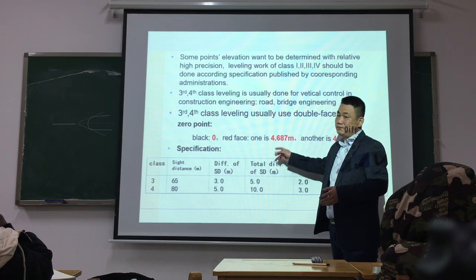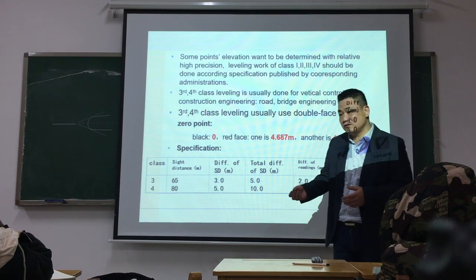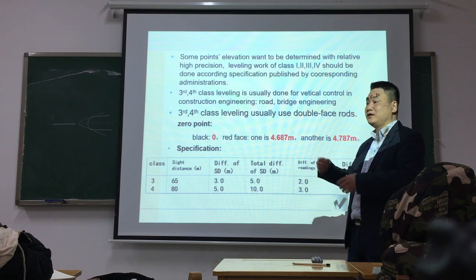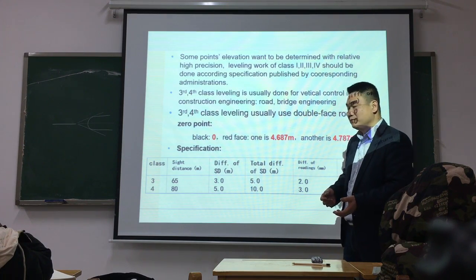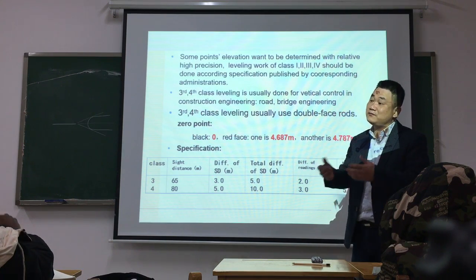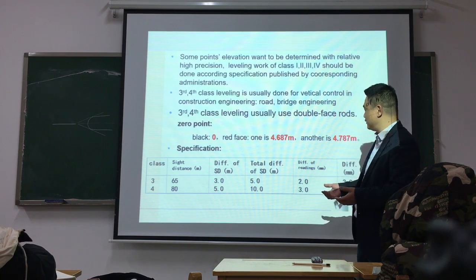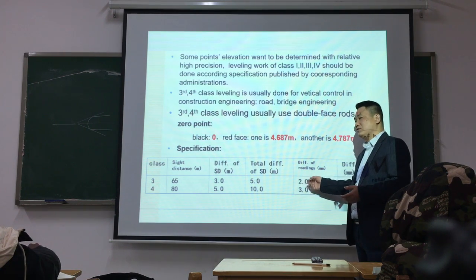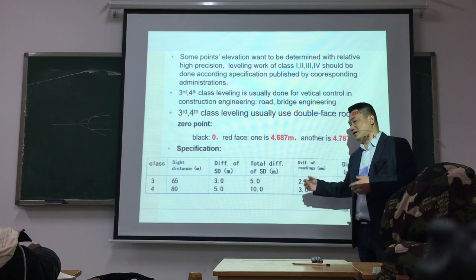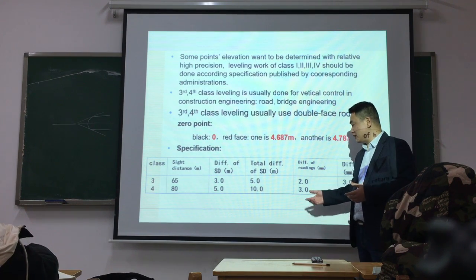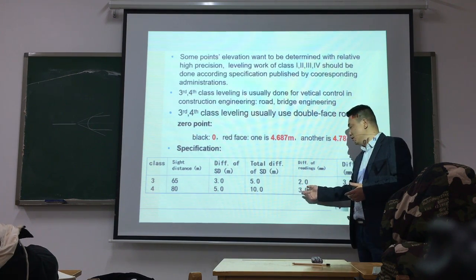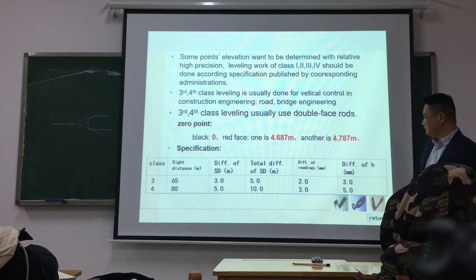Of course, because the last digit, the millimeter digit, is estimated by yourself, maybe yours and others' may be different. So we can think this difference is just an error caused by yourself, and it should be less than 2 or 3 millimeters.